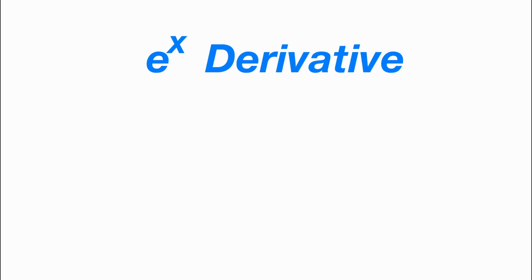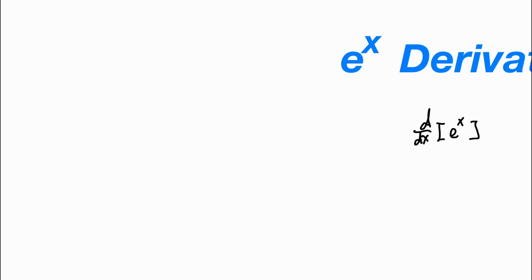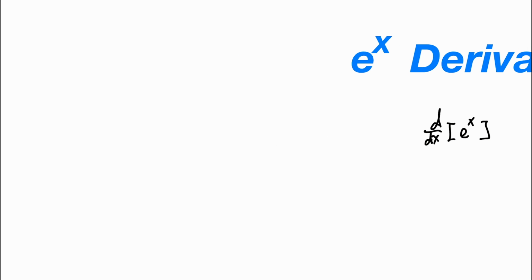Before we try to take the derivative with respect to x of e to the x, we need some background information on how to represent e. There are two ways to represent e. One of the ways is that e is equal to the limit as n approaches infinity of (1 + 1/n)^n.